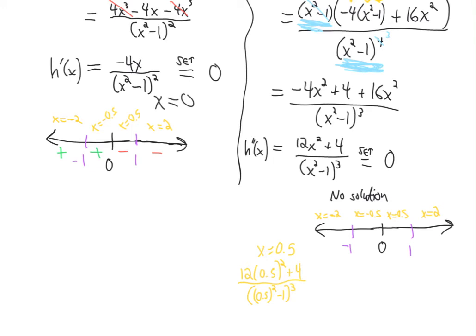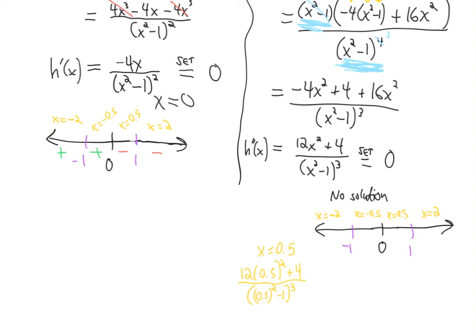I just want to see what kinds of things I'm going to get. So when I plug in -2, actually when I plug in any of these four numbers in the numerator, it's going to be positive. The numerator is always going to be positive for any test point I plug in. The question is whether or not the denominator is going to be positive or negative.